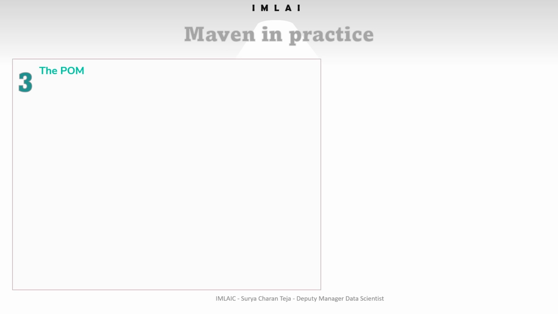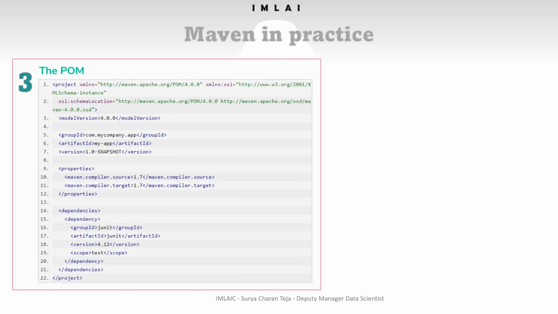The POM is huge and can be daunting in its complexity, but it is not necessary to understand all of the intricacies to use it effectively. So the project's POM looks like this.